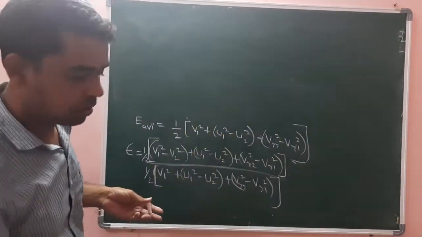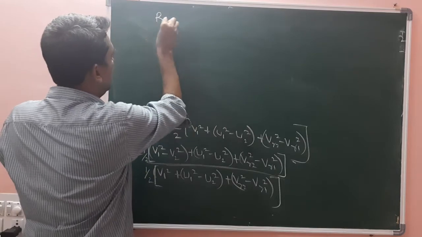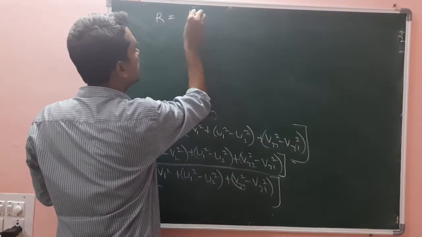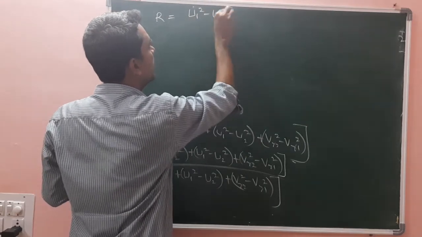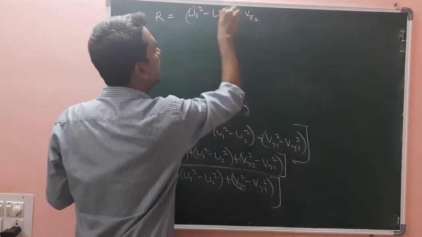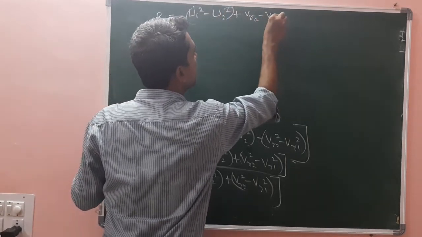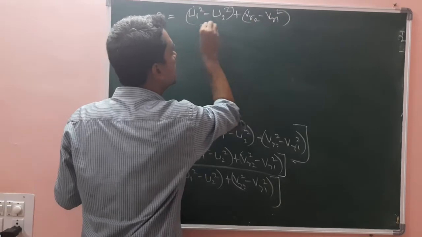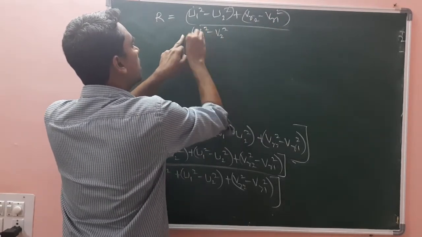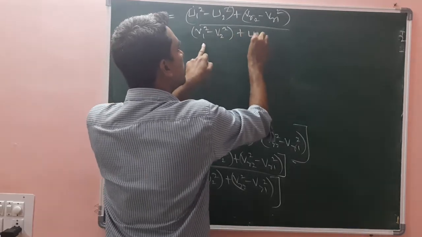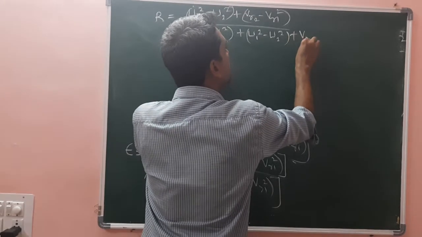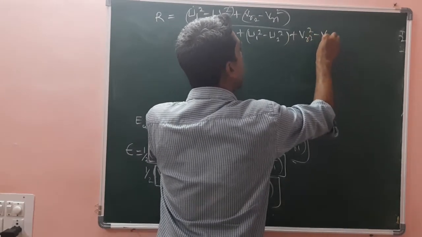Degree of reaction R is equal to (u1 square minus u2 square plus phi r2 square minus phi r1 square) divided by total enthalpy change, which is p1 square minus p2 square plus u1 square minus u2 square plus phi r2 square minus phi r1 square.